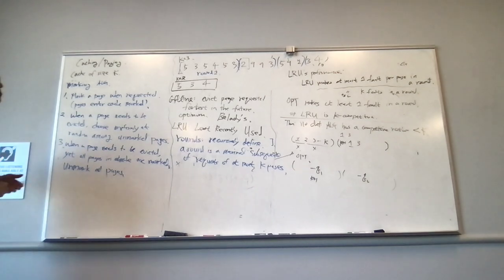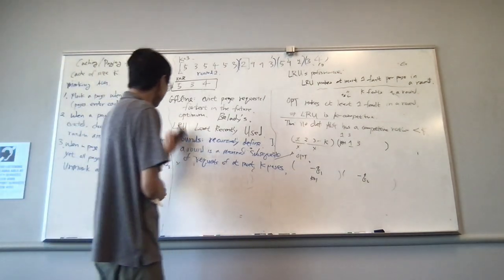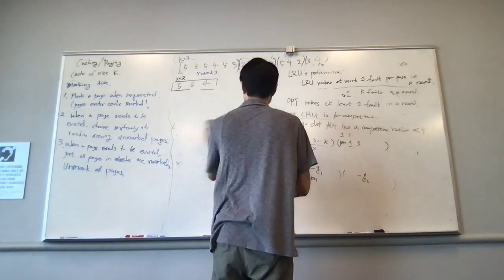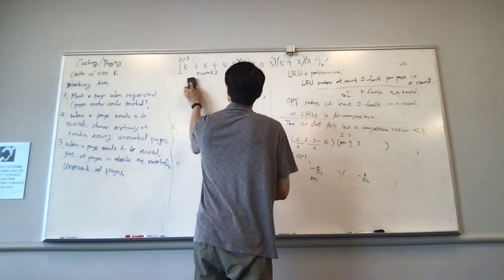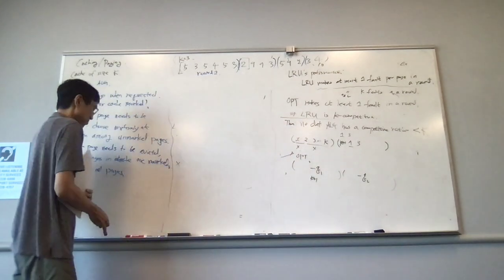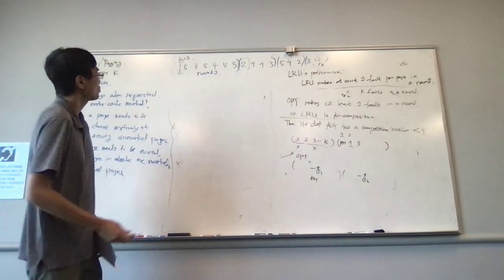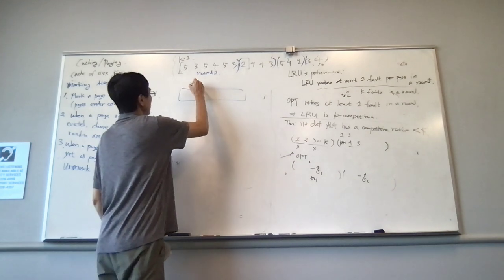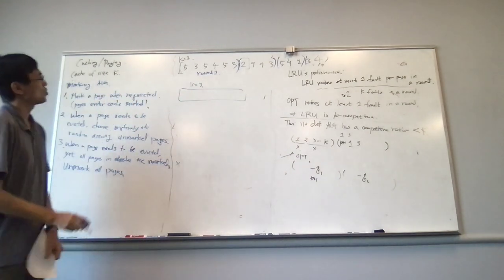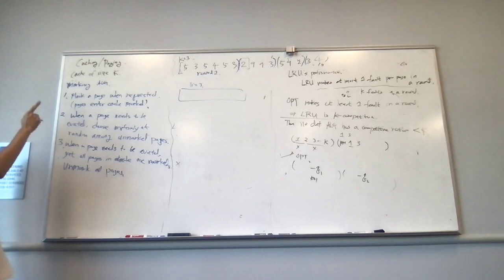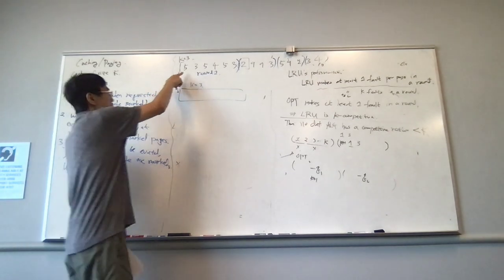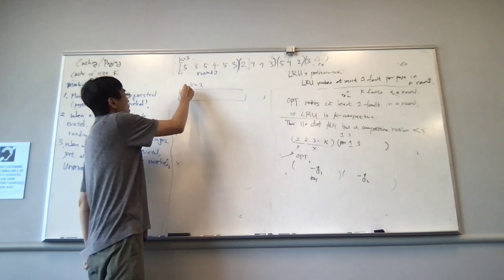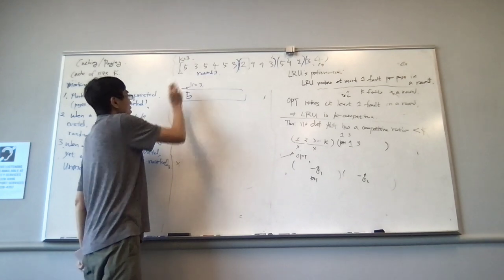Let's see. Maybe I can illustrate the algorithm using this. I'm going to put the cache here, k equals 3. When a page is requested, say page 4, I fetch it, and the page enters marked.